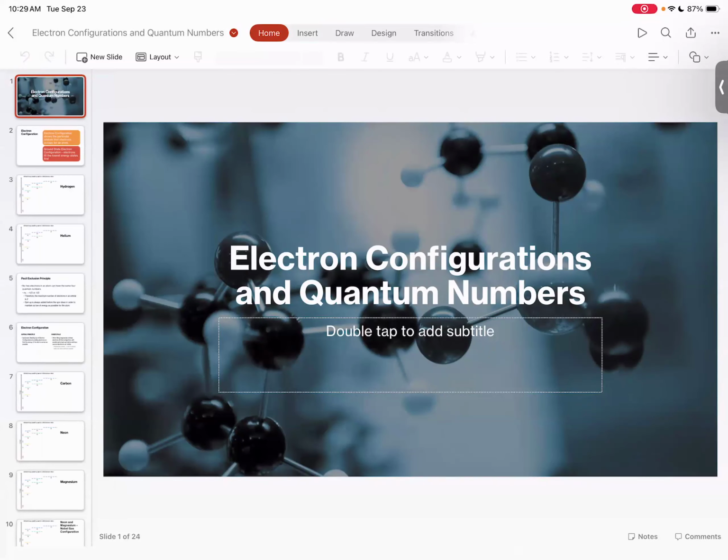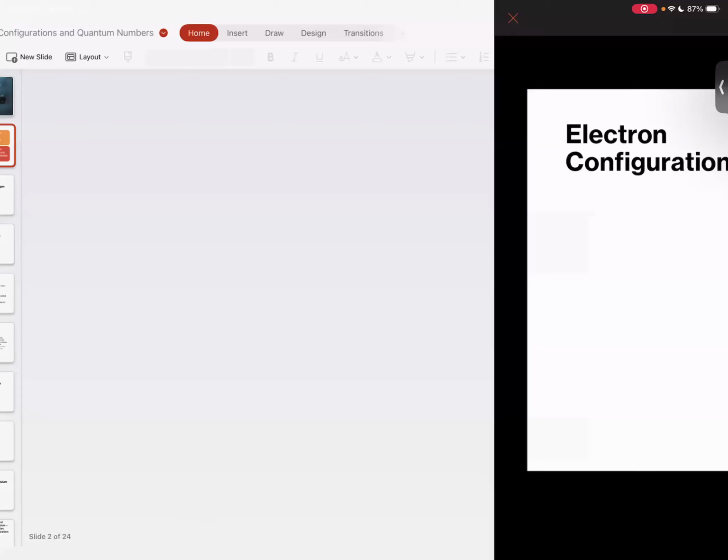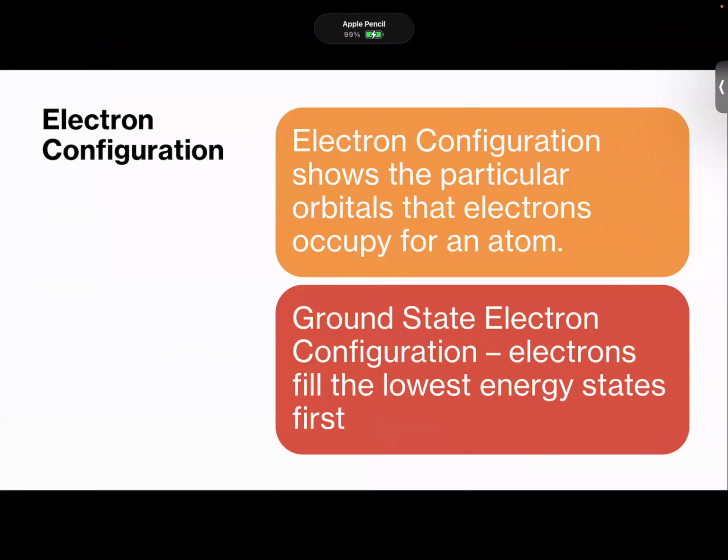We're not going to get far into this because I'm getting close to running out of time, but I'm going to at least introduce the process of developing electron configurations. The electron configuration tells you where every single electron in the atom exists.